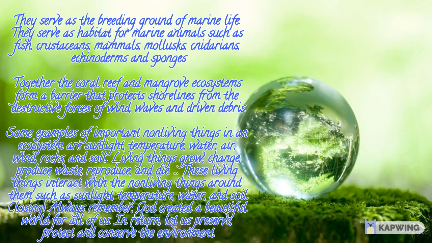Together, the coral reef and mangrove ecosystems form a barrier that protects shorelines from the destructive forces of wind, waves, and driven debris. Some examples of important non-living things in the ecosystem are sunlight, temperature, water, air, wind, rocks, and soil.